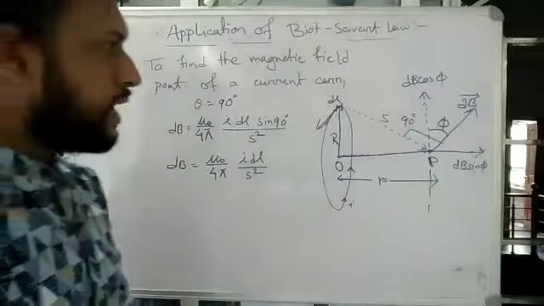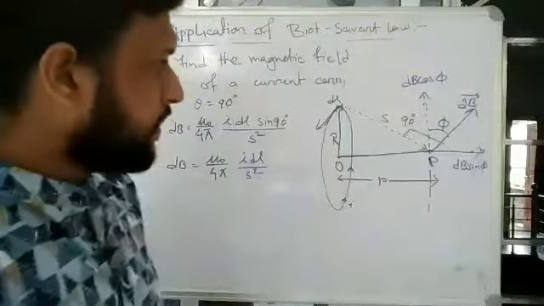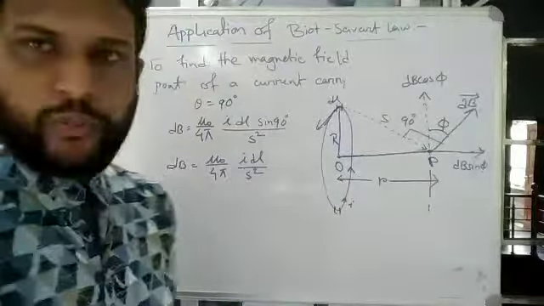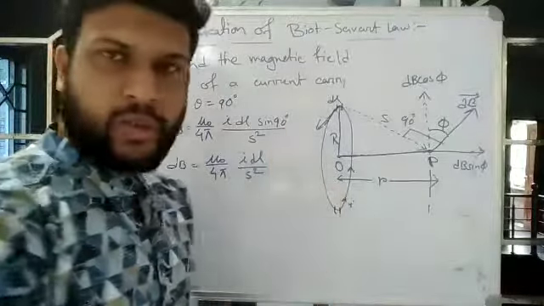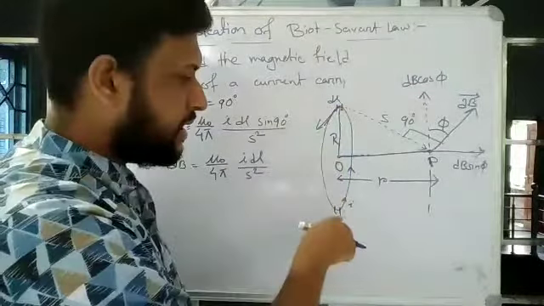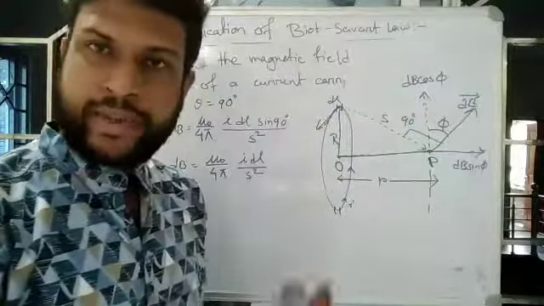Now look at another picture of this diagram, another part of this diagram. Suppose you have another dL over here. Obviously it is a circular wire, so if you can take the dL in the topmost part, you can take the dL in the bottommost part, exactly opposite to the previous dL.